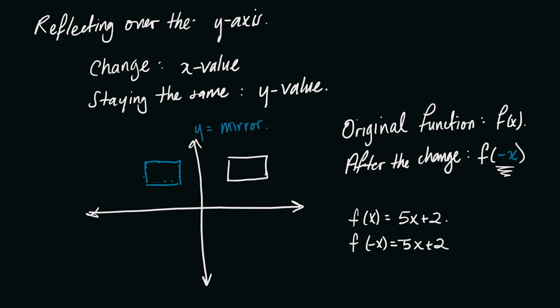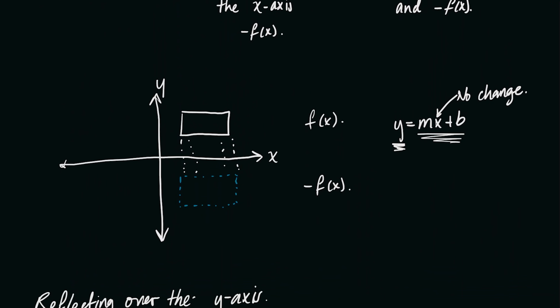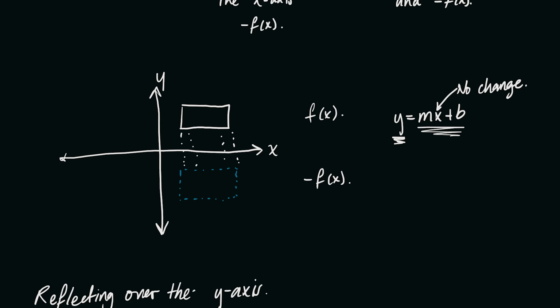This is the same case as with reflecting over the x-axis. As we review what reflecting over the x-axis was, let's say f of x is equal to 5x plus 2. We're going to use the same equation. Now, because we're trying to reflect it over the x-axis, we have to make the whole entire function negative, right? So we're going to add a negative symbol at the beginning of the function.